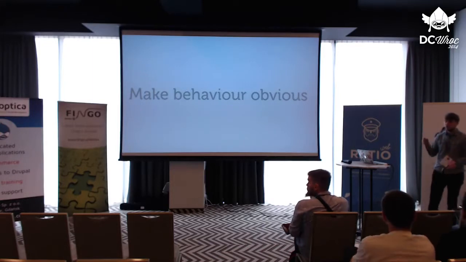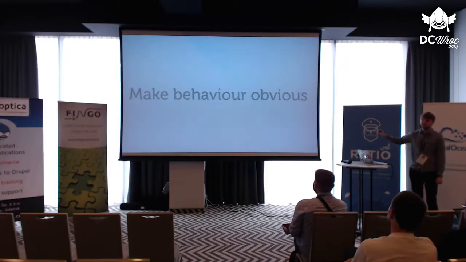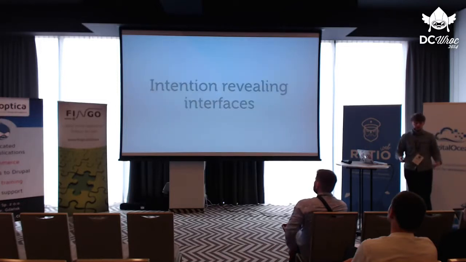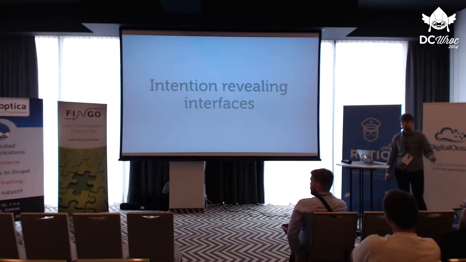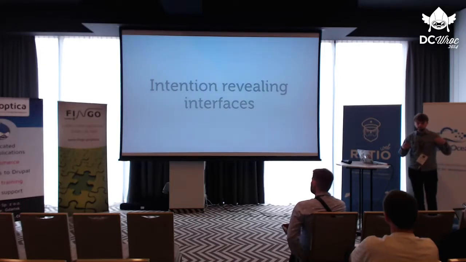When you are writing that the method will find this user by ID, it will find this user, but not, I don't know, register this user underneath. So it is important to make the behavior obvious. And we can do it with intention-revealing interfaces. I already showed you what intention-revealing interfaces look like. They are just describing the thing that the class is doing.